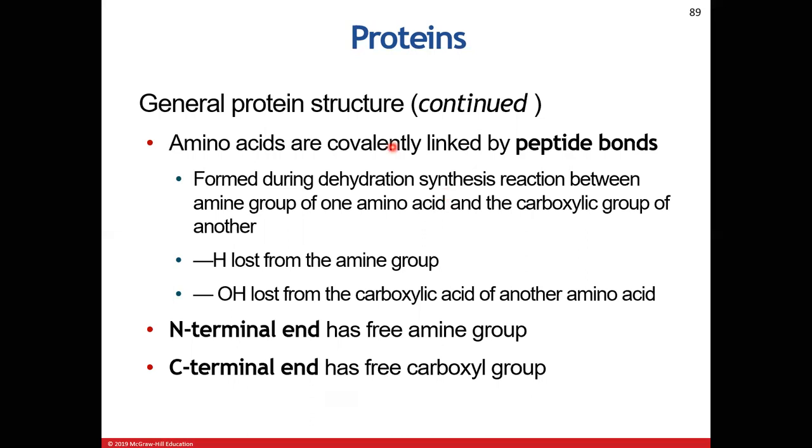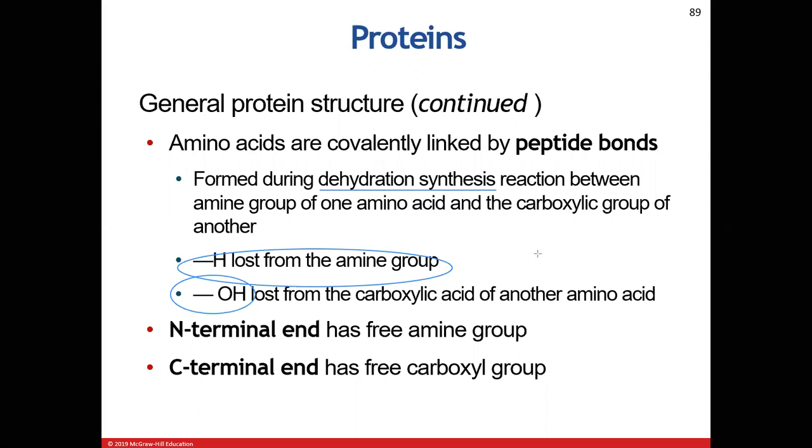So what we see is that a hydrogen is going to be lost from the amine group, and an OH is going to be lost from the carboxylic acid group of another amino acid. And by joining these two structures together, we are going through this dehydration synthesis reaction where, again, we're basically pulling water out of this particular reaction and out of this system.